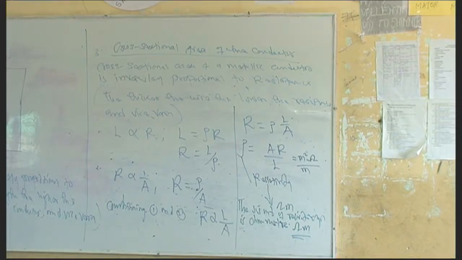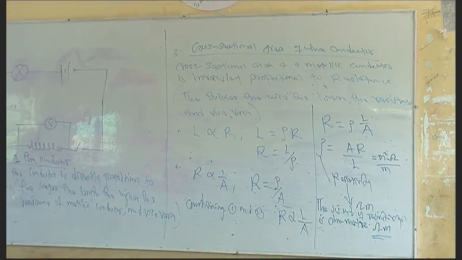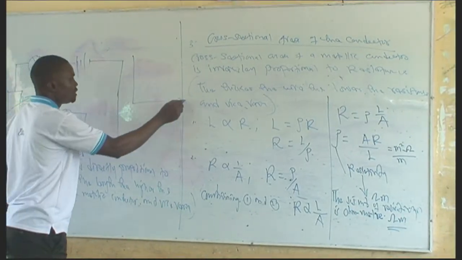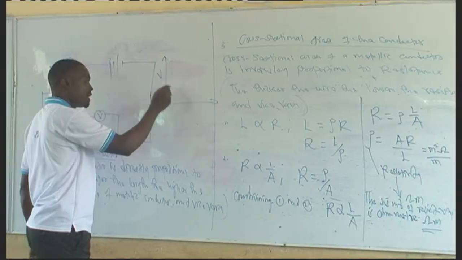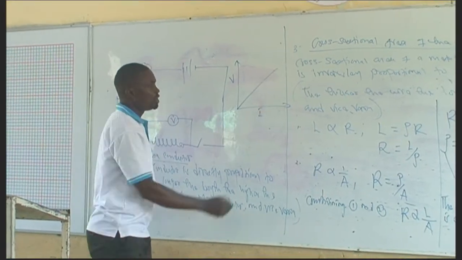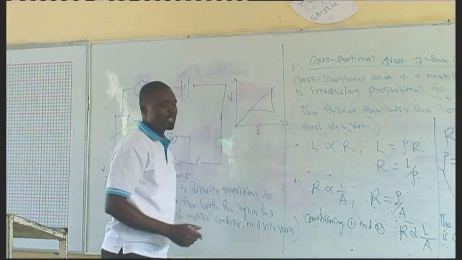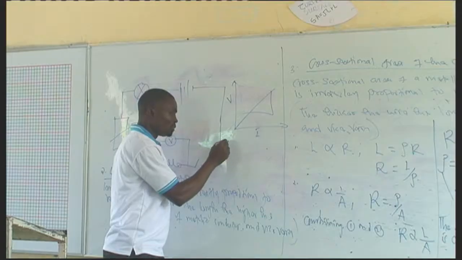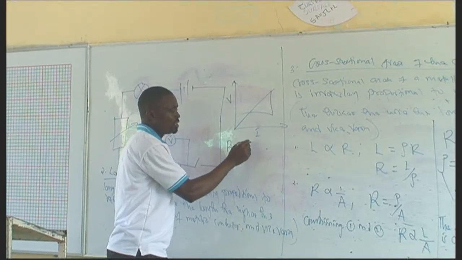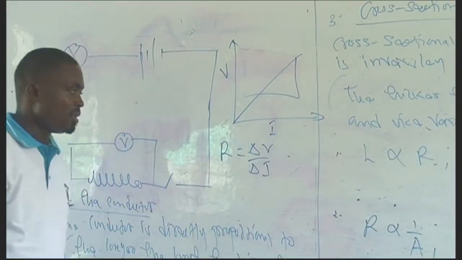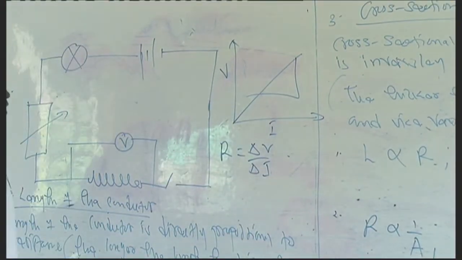Again, in this experiment of Ohm's law, if we plot a graph of voltage against current, it is a straight line through the origin, and the slope gives us the resistance, because we are changing V over changing I. The unit of resistance is ohm.